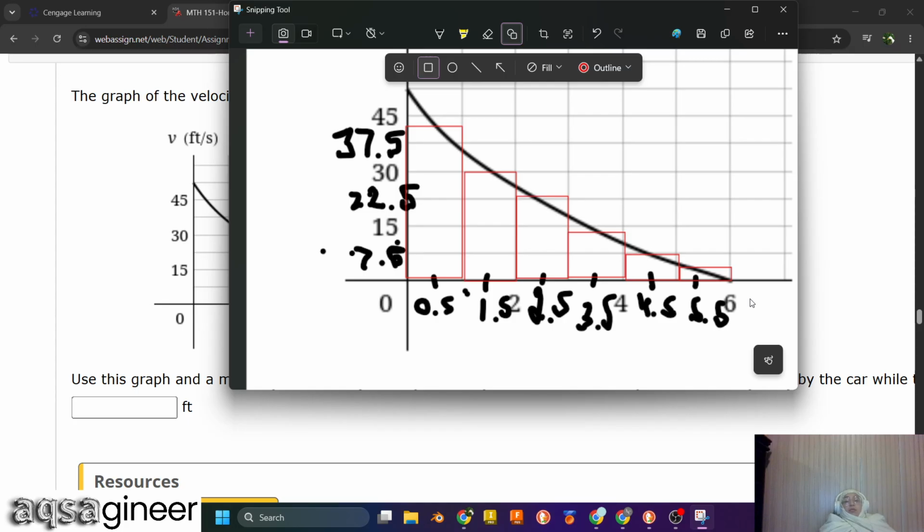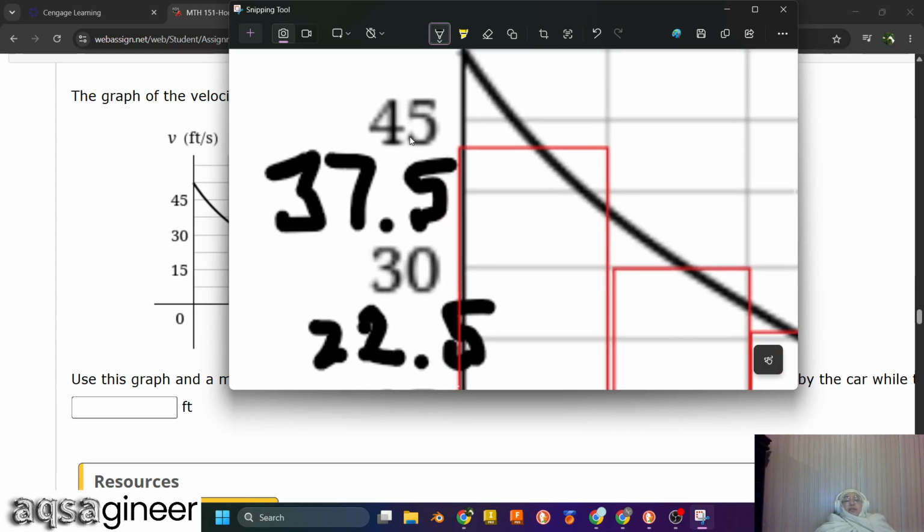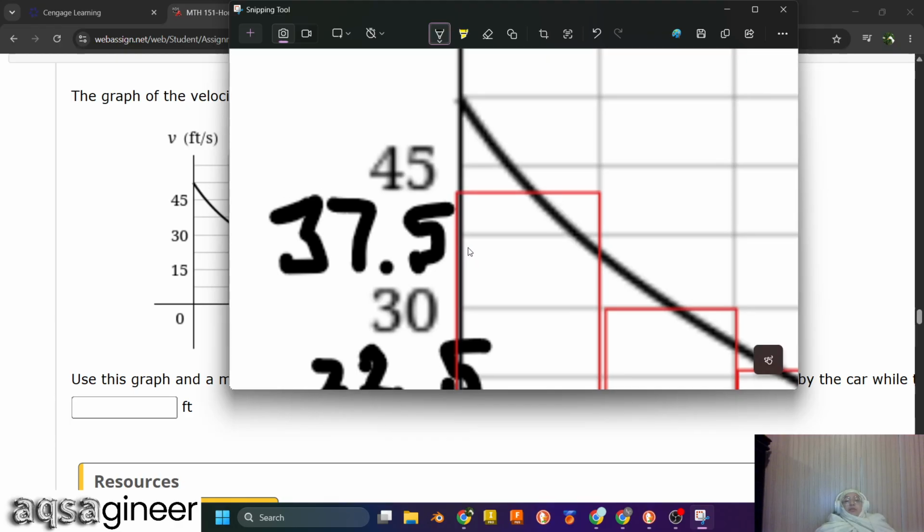Alright. Wonderful. So let's try to guesstimate these values. If this is 37.5, and this is roughly halfway between those two, 45 instead of 37.5.